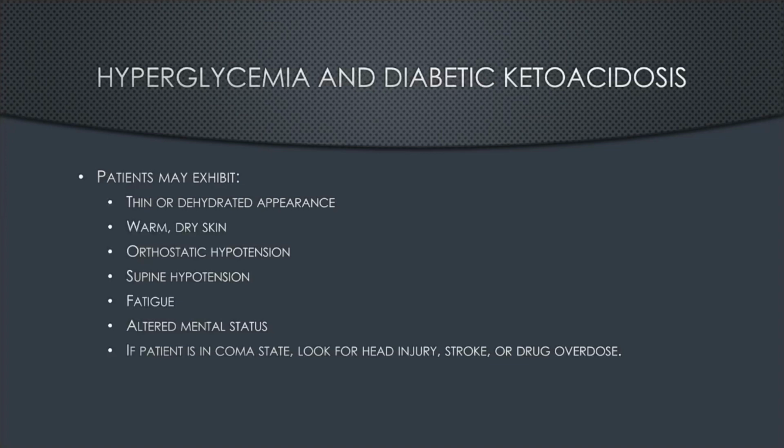If they are completely unresponsive, this is probably pretty serious DKA. That's probably pretty bad. Respiratory rate is usually elevated and tidal volume is increased, like I said, Kussmaul's respirations to blow off those ketones. They have ketonemia and acidosis. These respiratory changes result in hypocapnia. Again, it's a respiratory alkalosis with a metabolic acidosis.